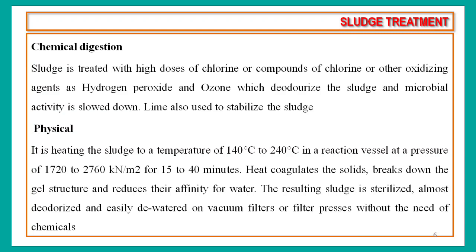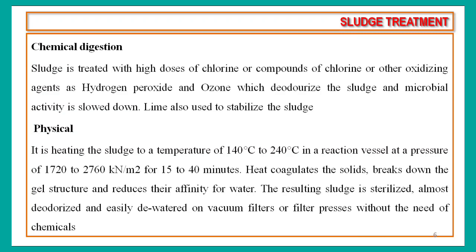Another method used for sludge stabilization is the physical method. In the heat method, the sludge is heated to a temperature of 140 to 240 degrees Celsius in a reaction vessel at a pressure of 1720 to 2760 kilonewton per square meter for 15 to 40 minutes.